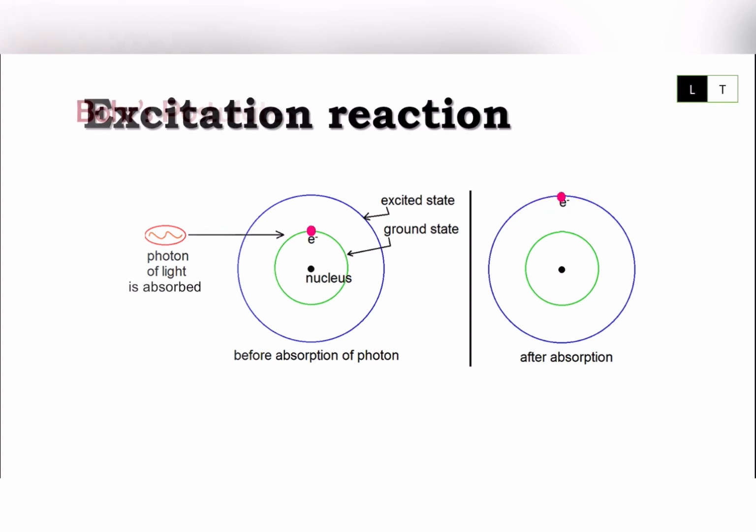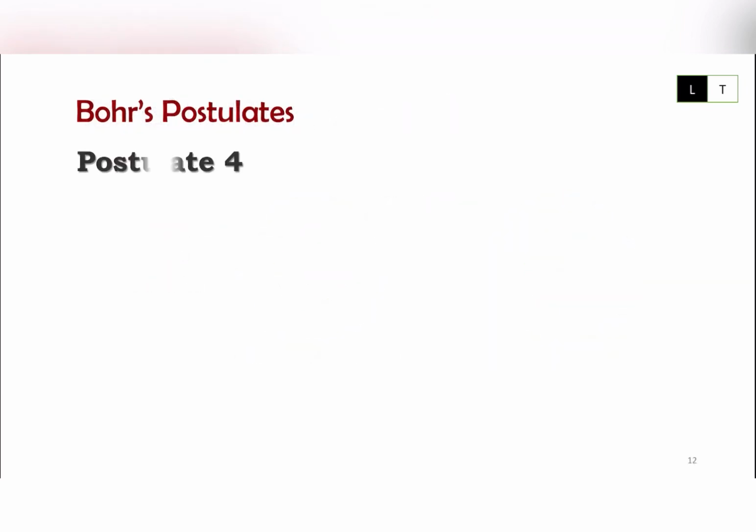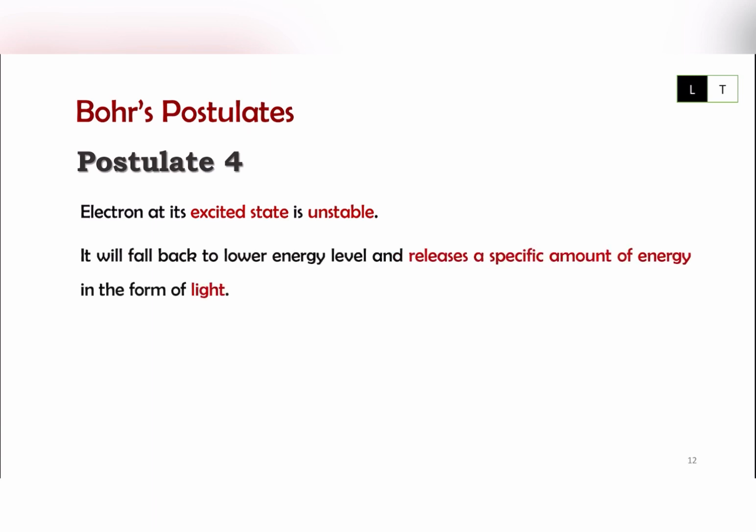And you can see this is the position of the electron after absorption. So from here, we are going to go to the fourth postulate, where when an electron is at its excited state, it is very unstable. So no matter what, it will fall back to a lower energy level, and it will also release a specific amount of energy in the form of light.